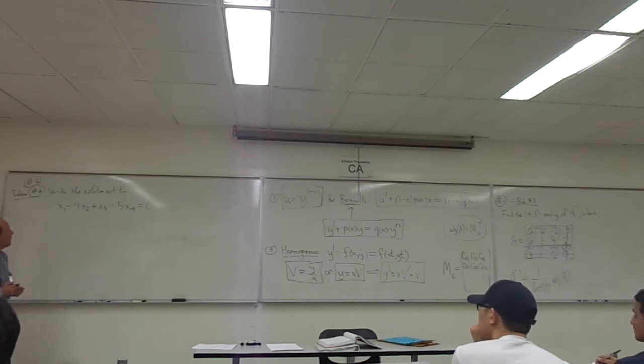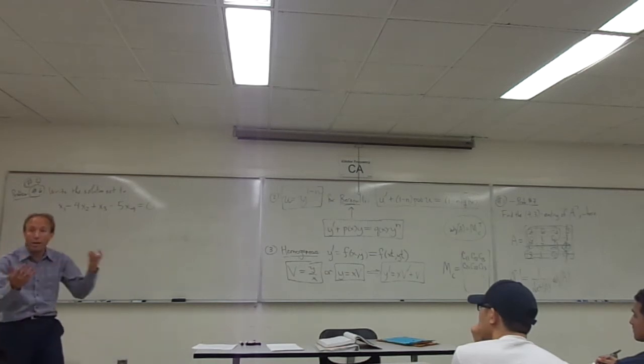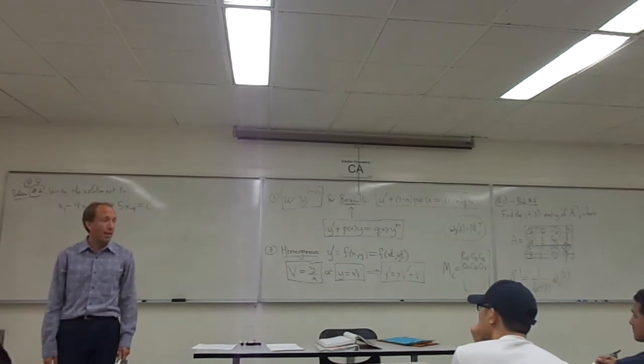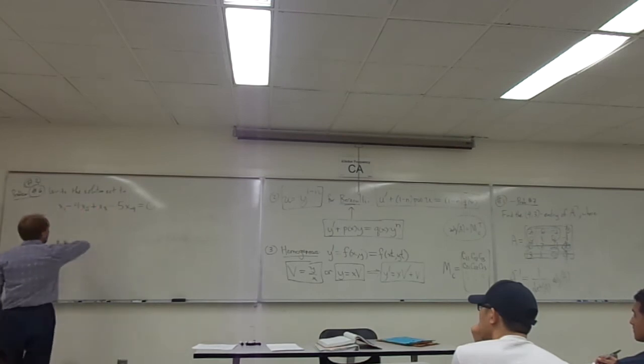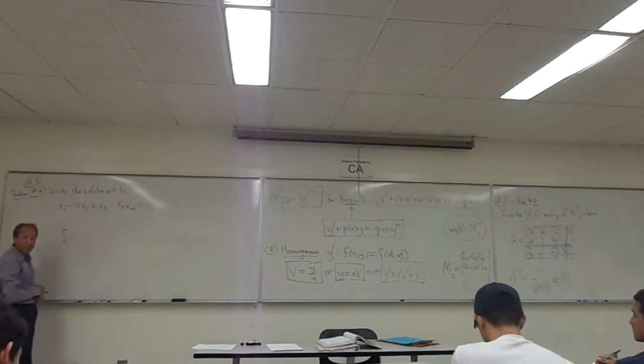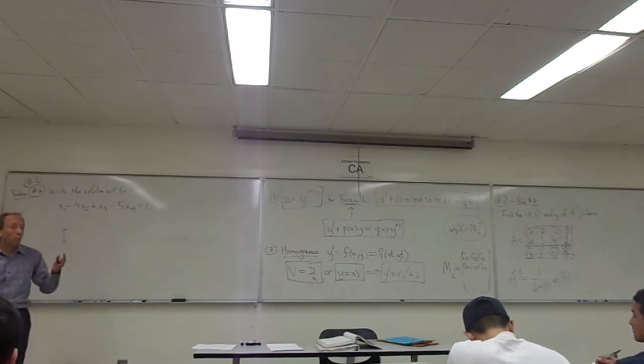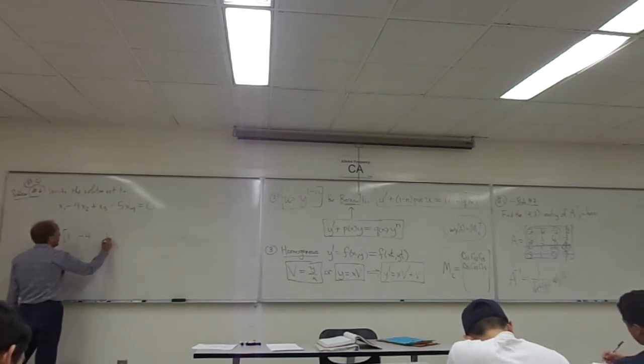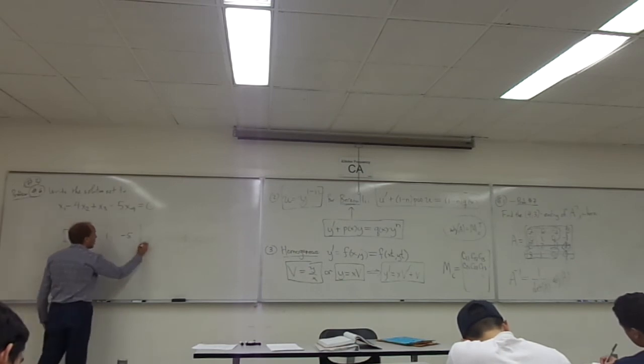Infinitely many means there are free variables, at least one free variable there, right? And in fact, the way we would normally deal with a problem like this is we would put down an augmented matrix. It's just that in this case, the augmented matrix only has one row, because there's only one equation. So it'd be 1, -4, 1, -5, augmented with 0.